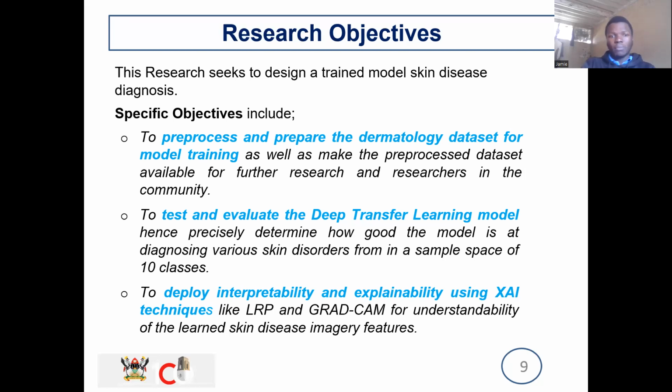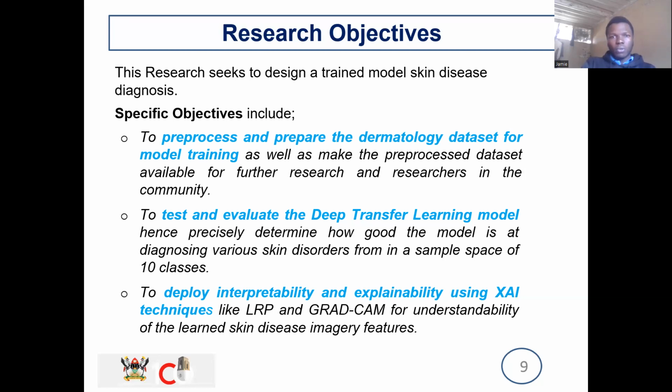And then we also aim to deploy an interpretable model using XAI, that is explainable artificial intelligence techniques like LRP and Grad-CAM, for understandability of skin disease imagery features.